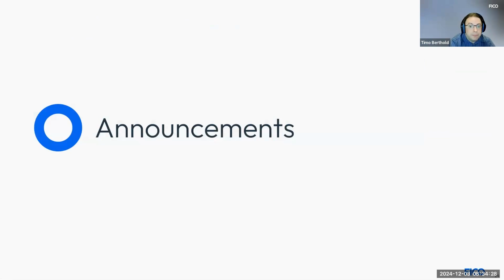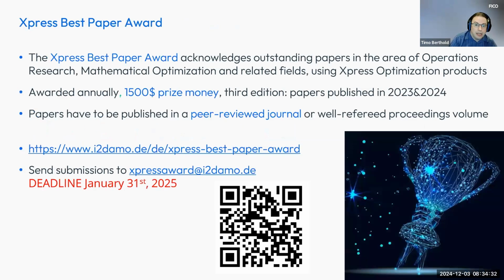Okay, finally, I would like to make some announcements. So first of all, there's the FICO Xpress Best Paper Award, which is an academic award that acknowledges outstanding papers in the area of OR and optimization and related fields, under the condition that you used an Xpress product somewhere inside the paper.